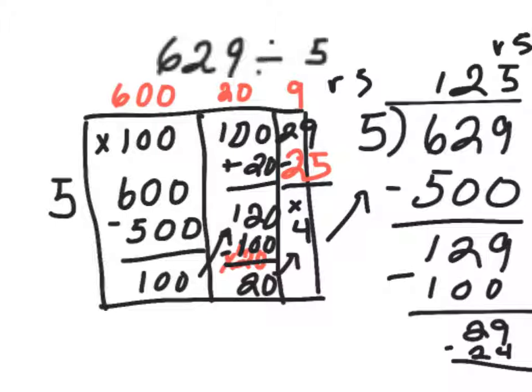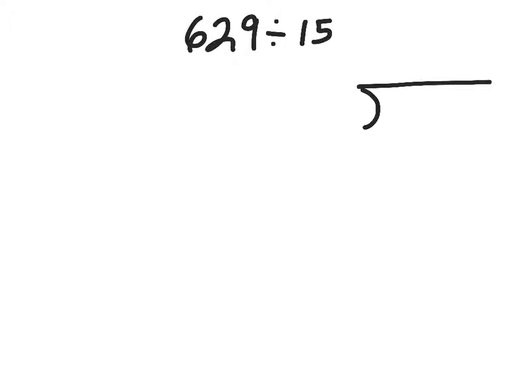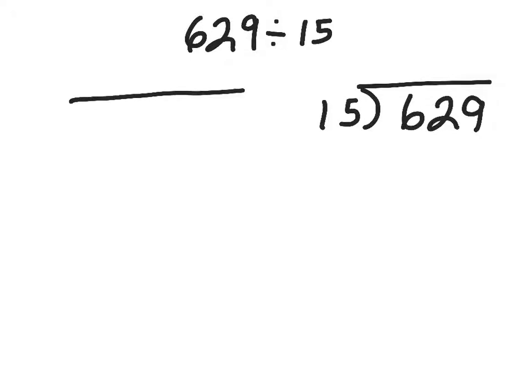Let's try another one. Suppose I have an even larger number, like, let's say 629 divided by 15. Of course, rewrite with the standard algorithm. Make my area model.